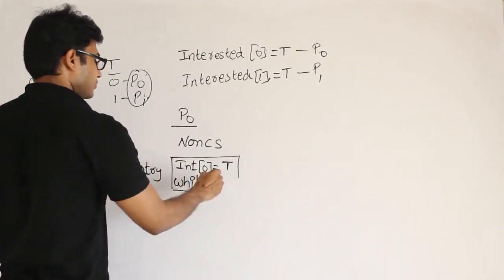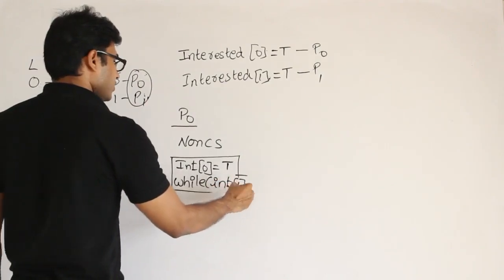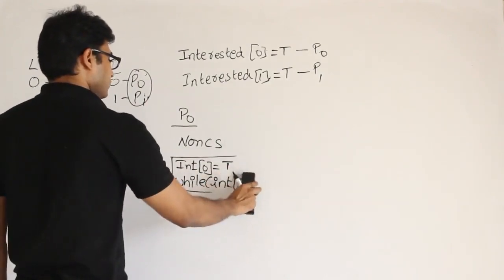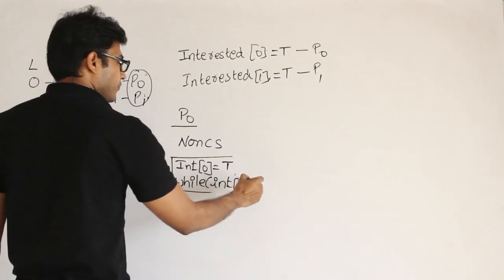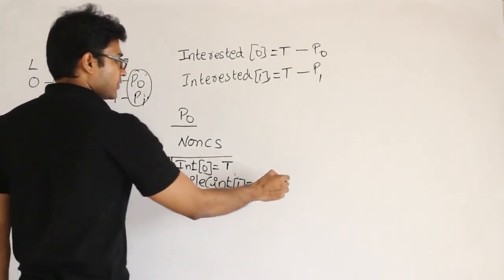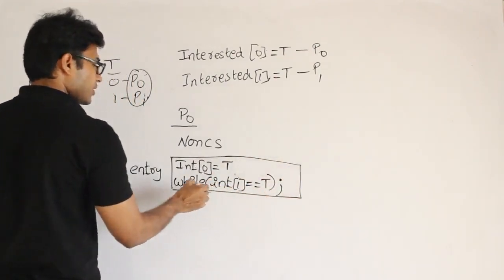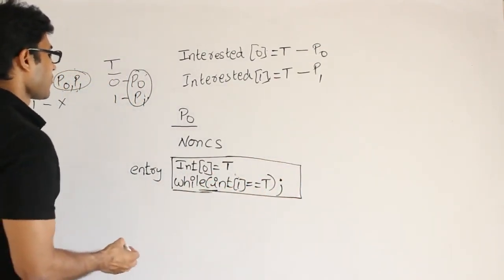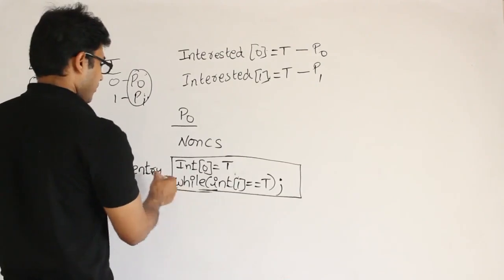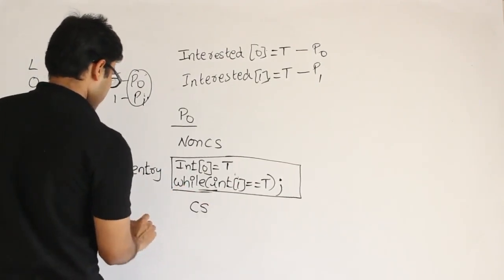While interested of 1, the process 1, is equal to true, which means if the other one is also interested, then you should hold, because the other one is actually interested, therefore you should not enter it. Got it?